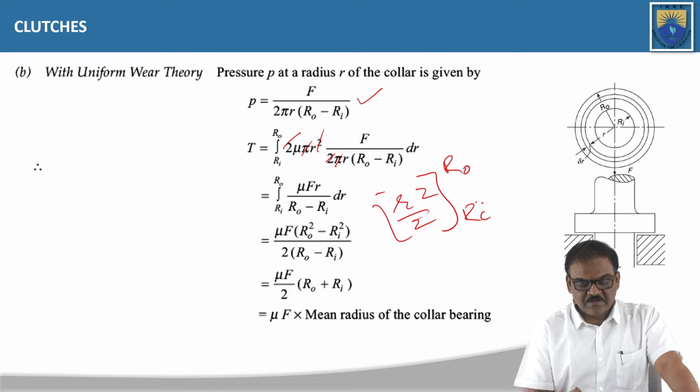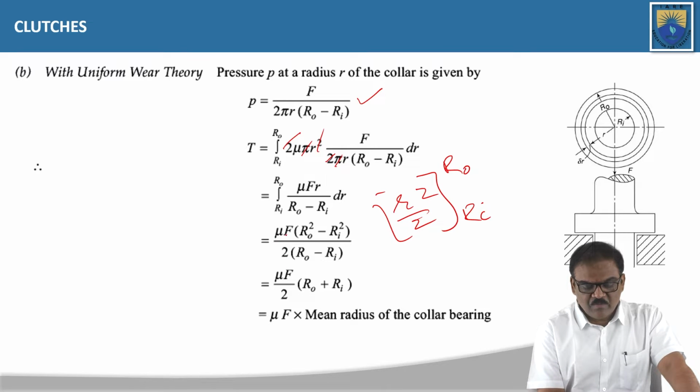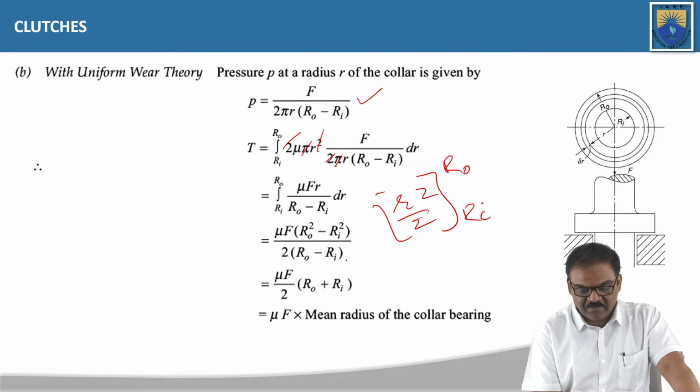When you substitute, it becomes mu F (R outer square minus R internal square) by 2 (R outer minus R internal).